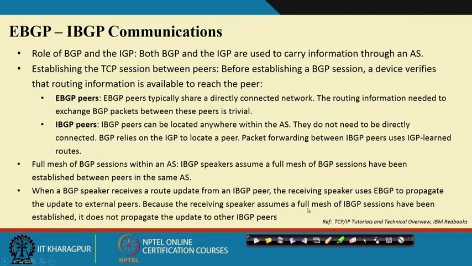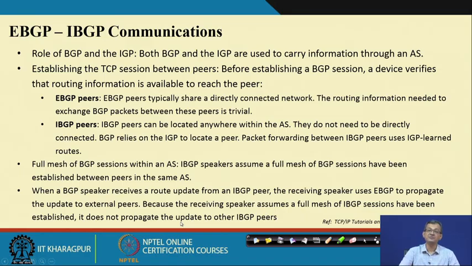Because the receiving speaker assumes full mesh iBGP sessions have been established, it does not propagate the update to the other iBGP peers, as it knows the update has been taken care of by this particular way of connectivity.